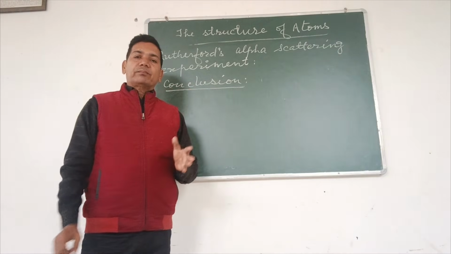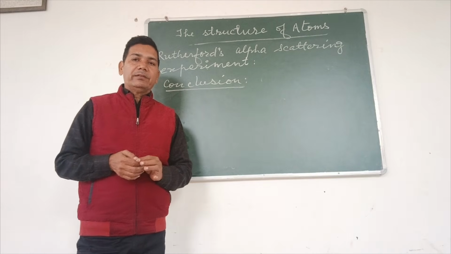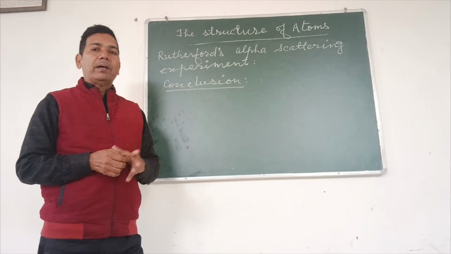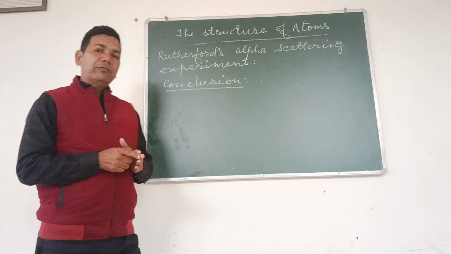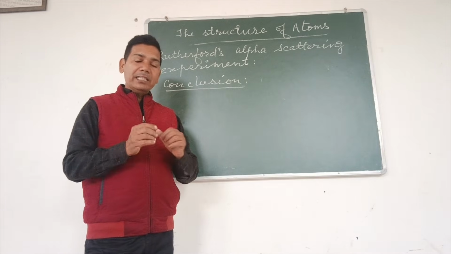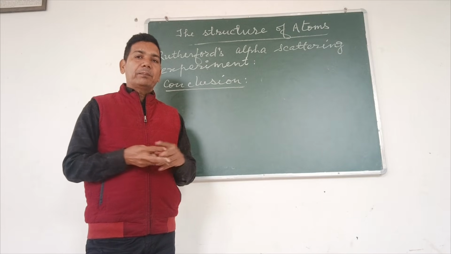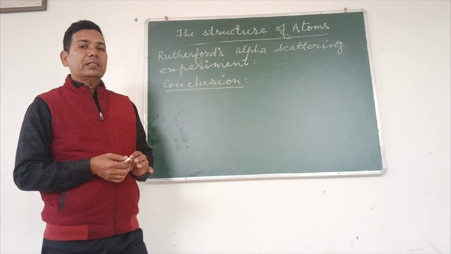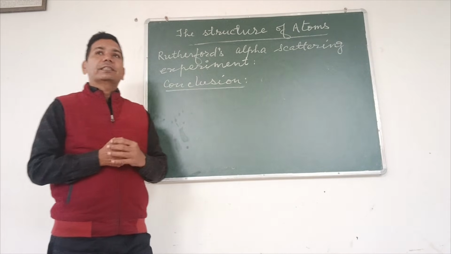Second conclusion, a few alpha particles got deviated. This means a few alpha particles got deflected when they went near the gold foil. As we all know, there is repulsion between similar charges, and there is attraction between dissimilar charges.